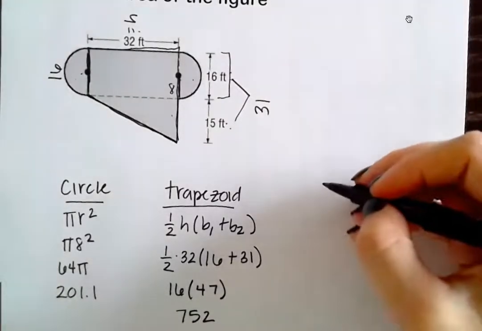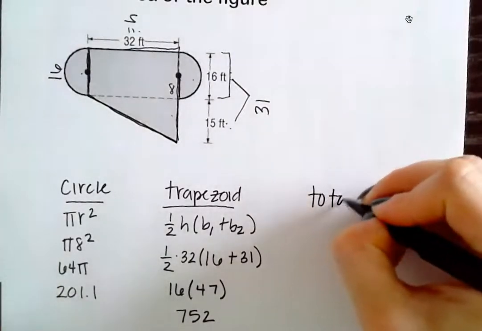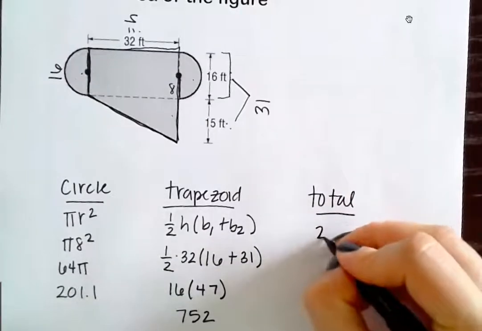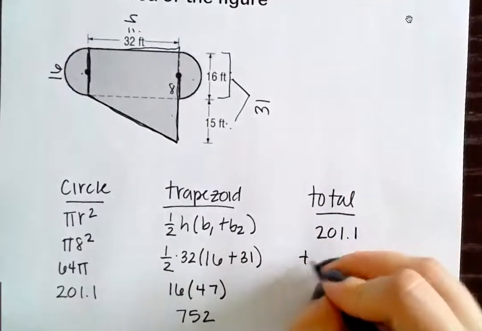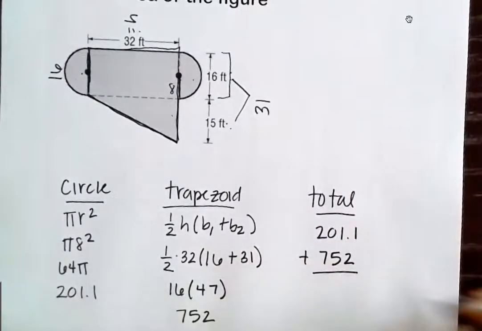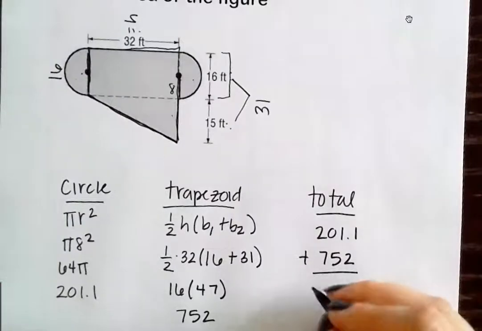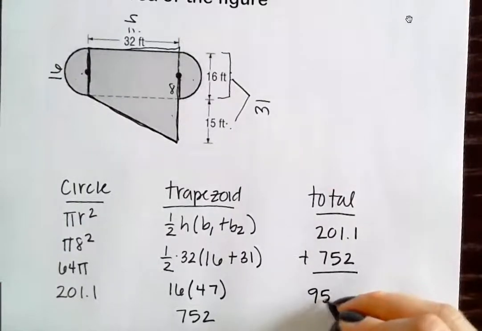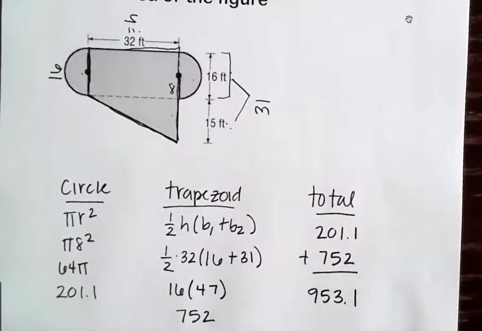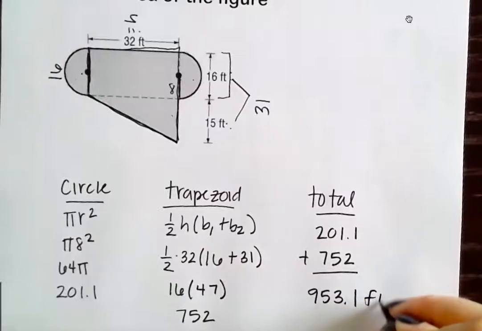Now if we add our total areas together, 201.1 plus 752, we should get 953.1 feet squared.